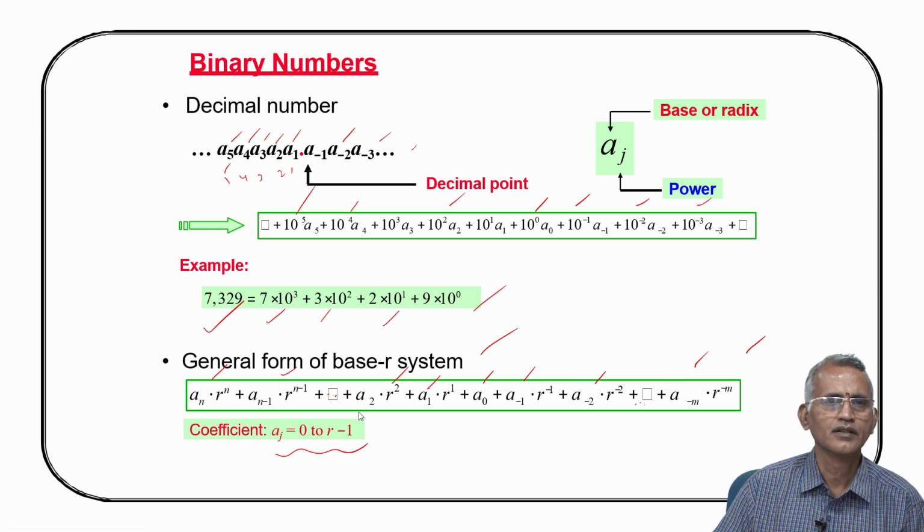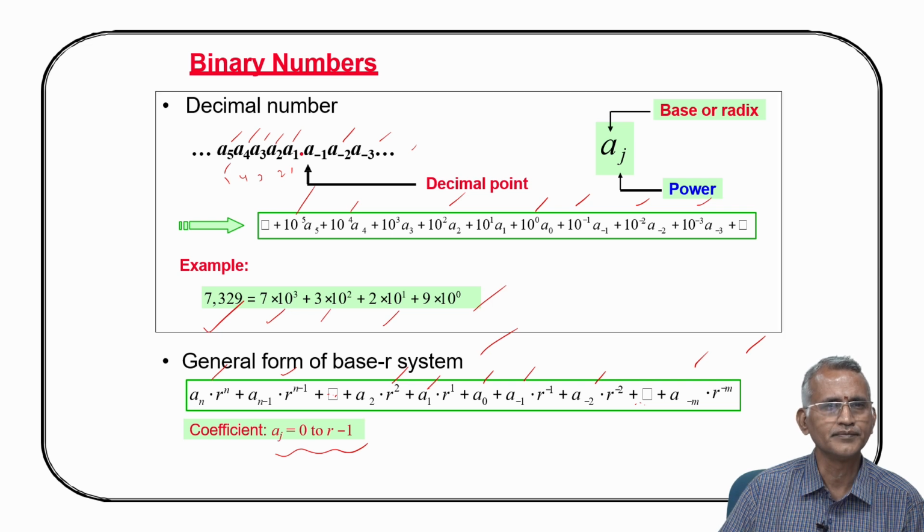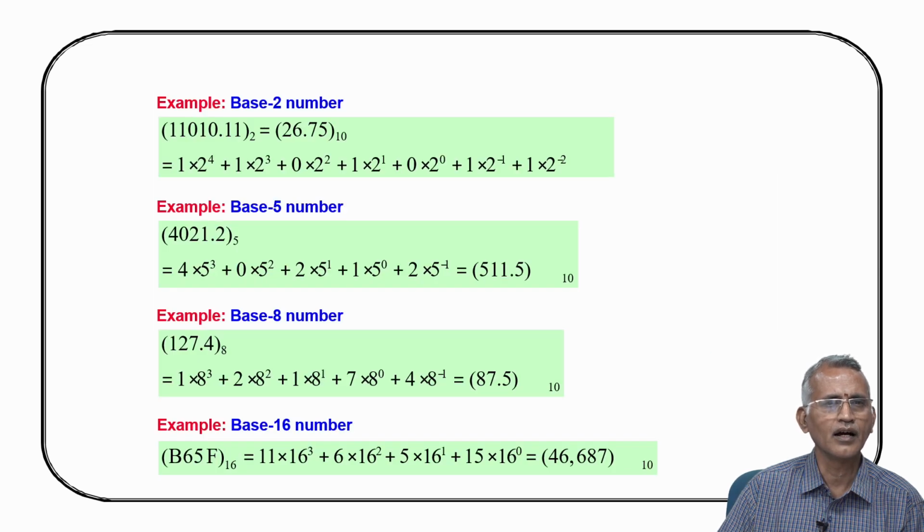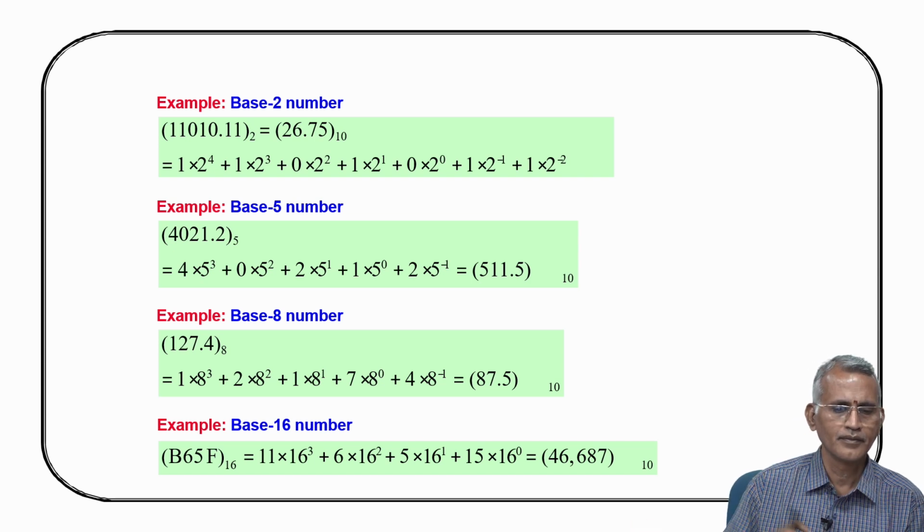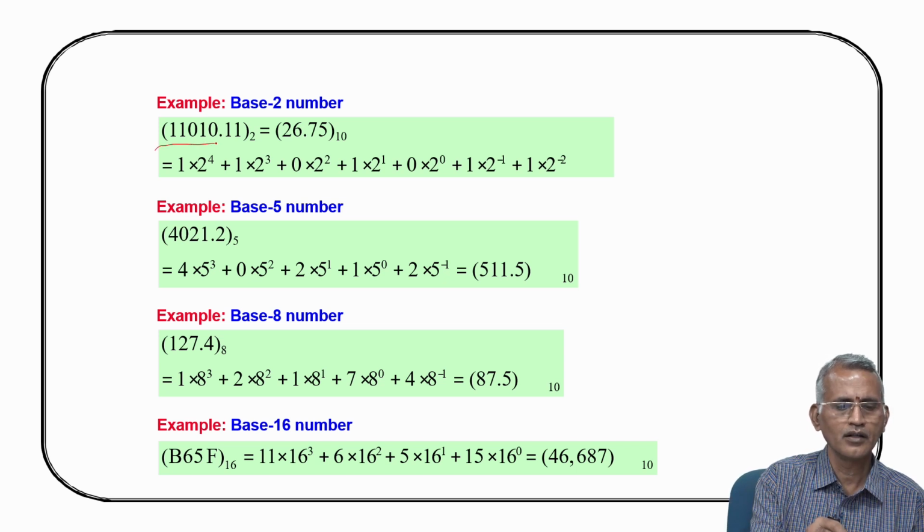So, this whole idea comes under the binary numbers. Now, we have to discuss an example based on the base 2 number. For example, 11010.11 base 2 is 26.75 base 10. How to write it in terms of the polynomial expression?